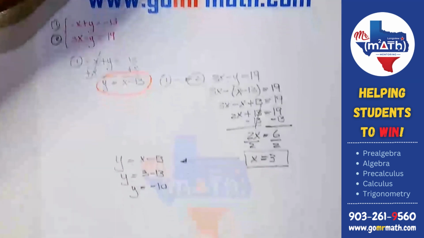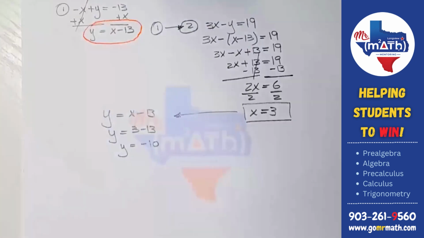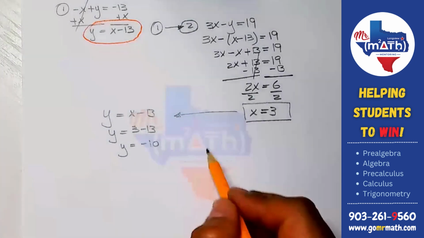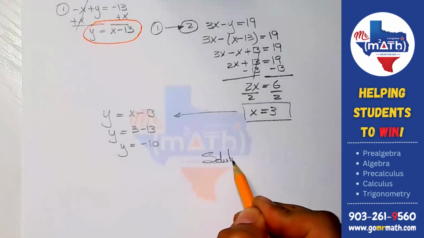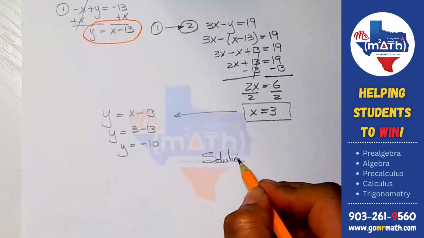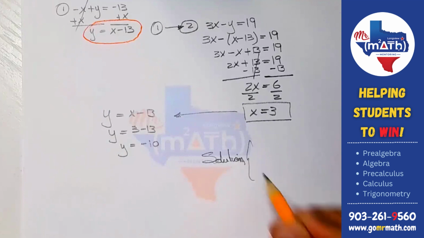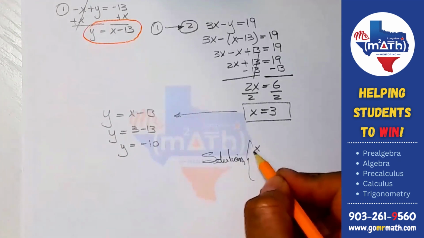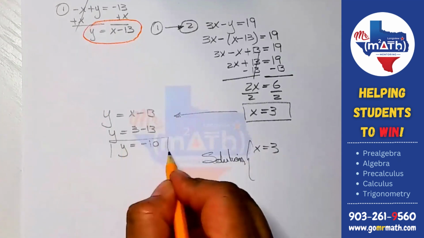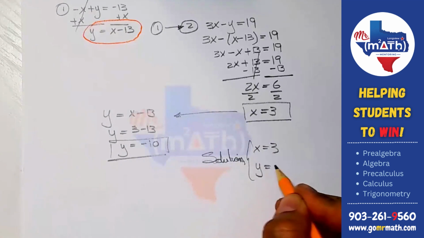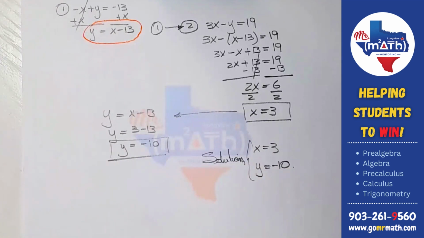So our solution for the problem should be x equals 3 and y equals negative 10.